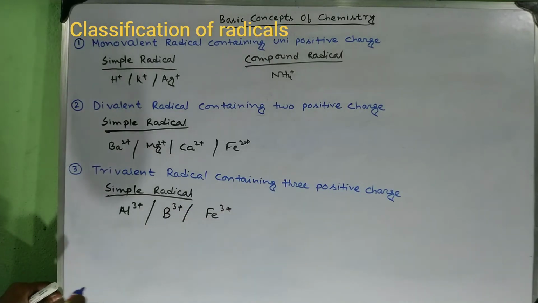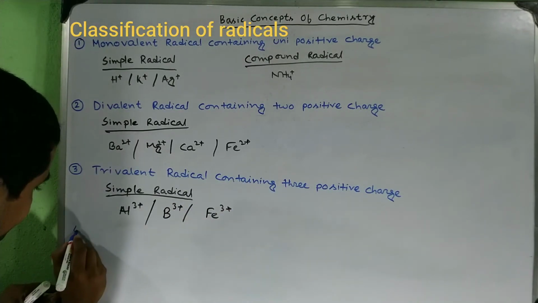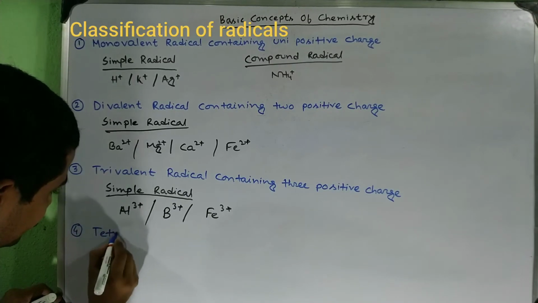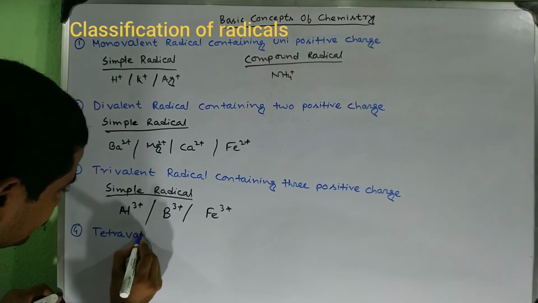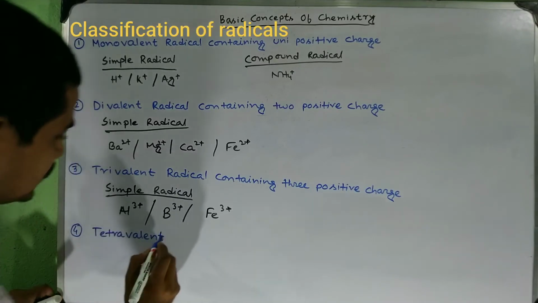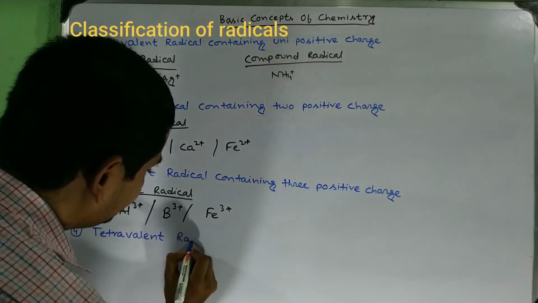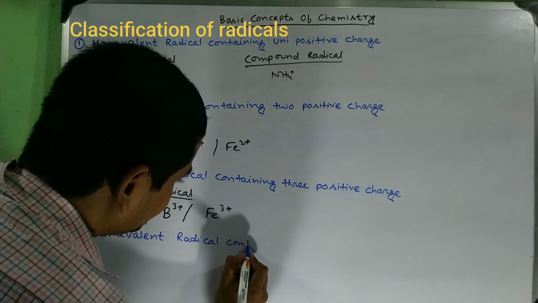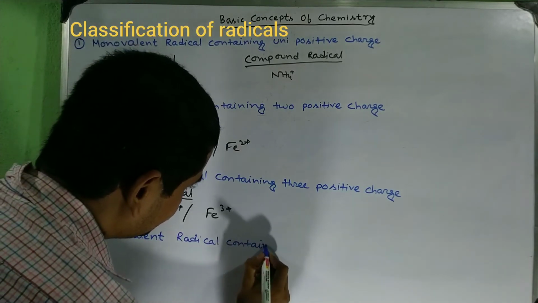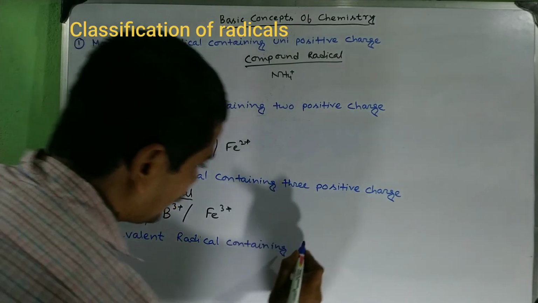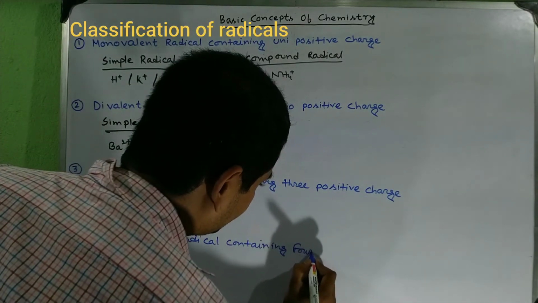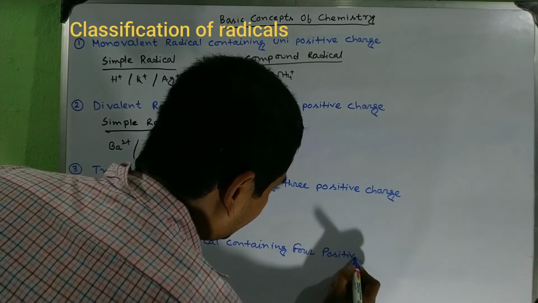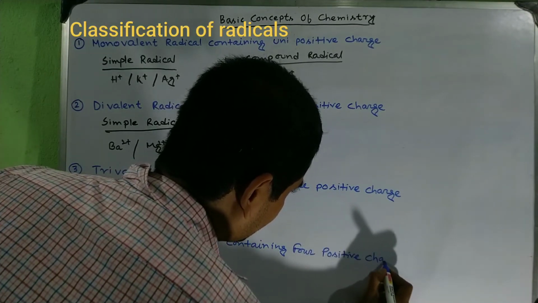Now another class is the tetravalent radical, containing 4 unit positive charge.